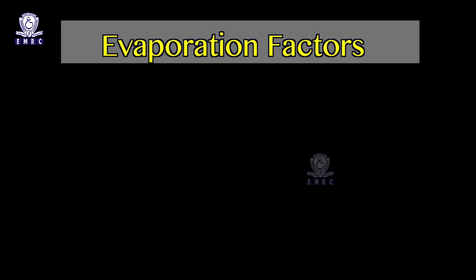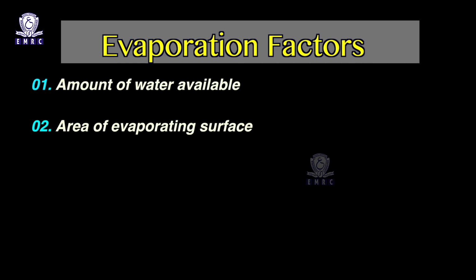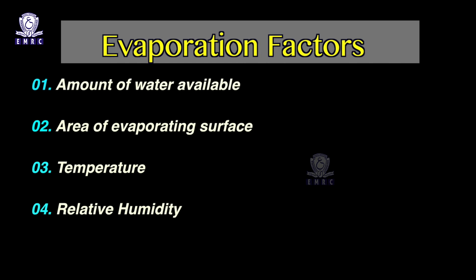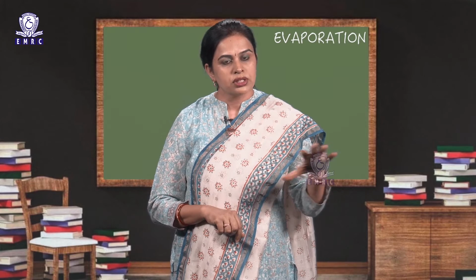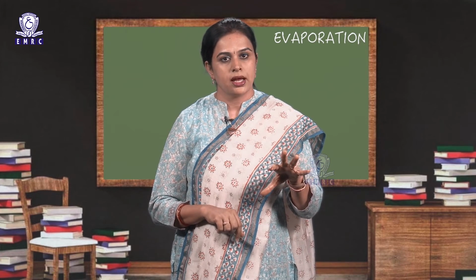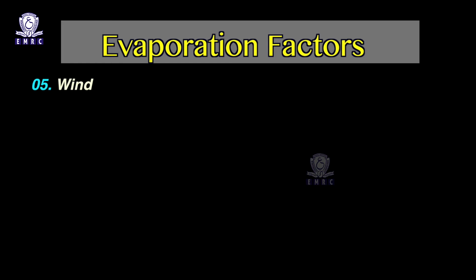Now, what could be the factors affecting the rate of evaporation? The first is the amount of water available, second is the area of the evaporating surface, third is temperature, and fourth is relative humidity. Air with low relative humidity has more space for moisture and hence evaporation increases. Wind can be the fifth factor.